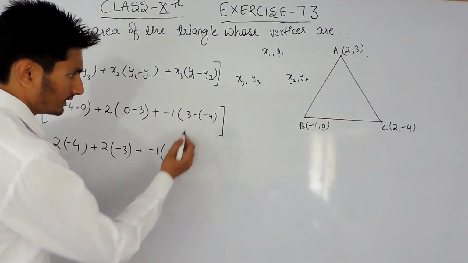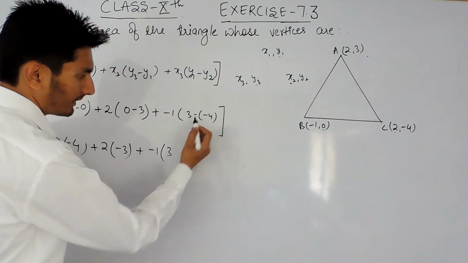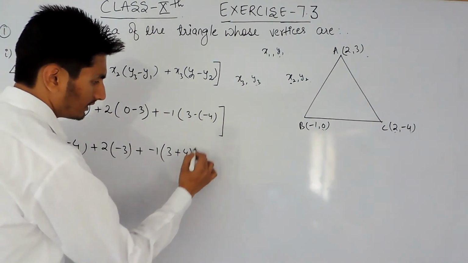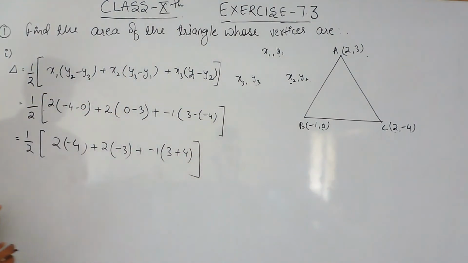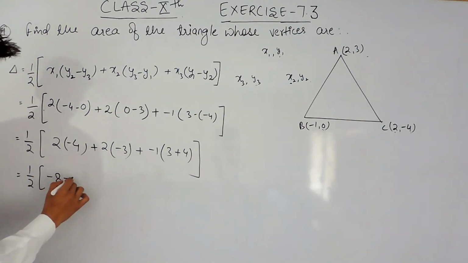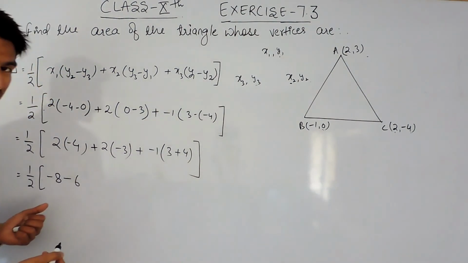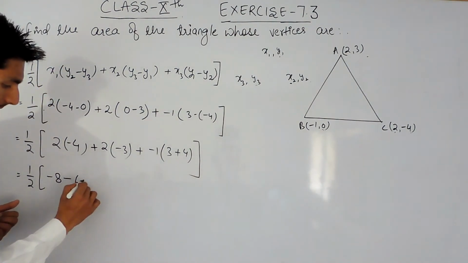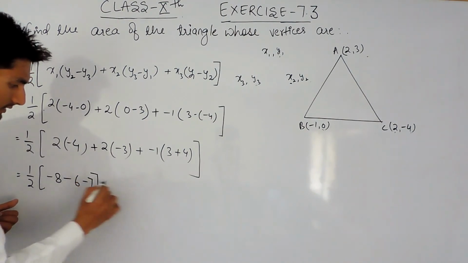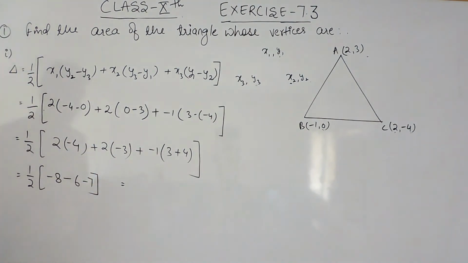It will be minus 1, and it will be 3, and minus when multiplied it will be 4. Now solve this further. This will be minus 8, this will be minus 6, and this will be 4 plus 3 is 7, and 7 multiplied by minus 1 is minus 7.